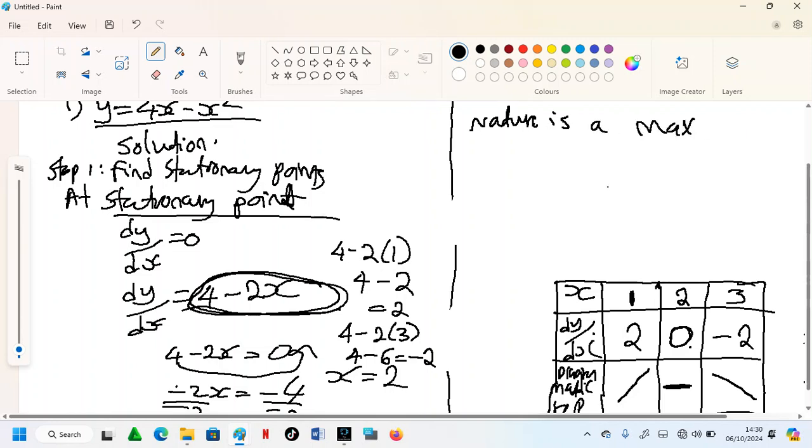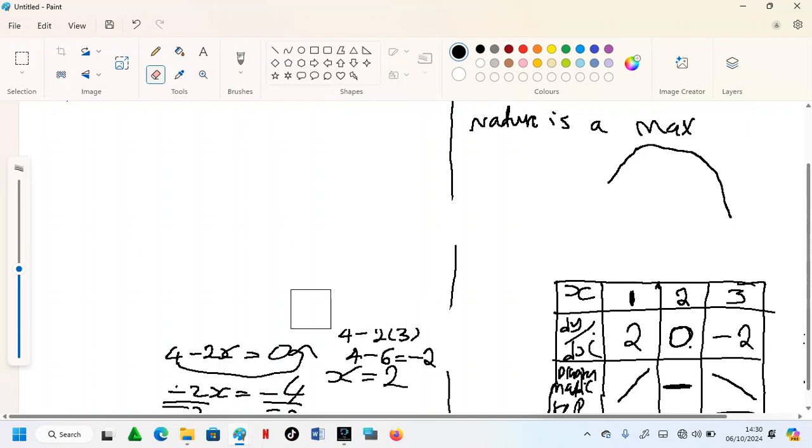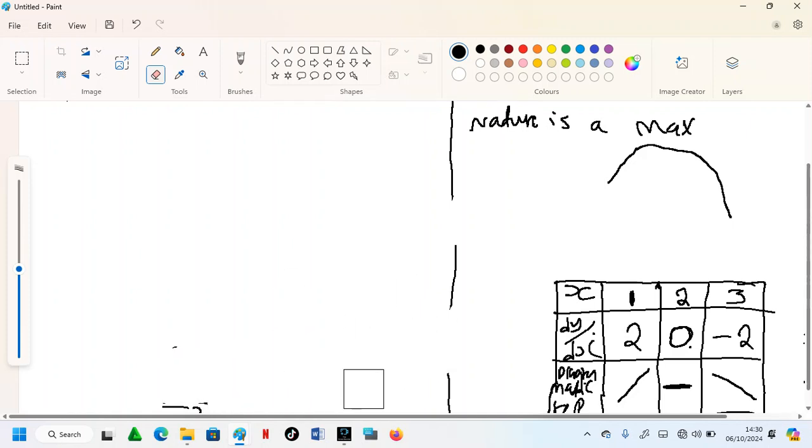Why? Because we have a negative going through 0 and then a positive, and that, as we have discussed, is a maximum stationary point.